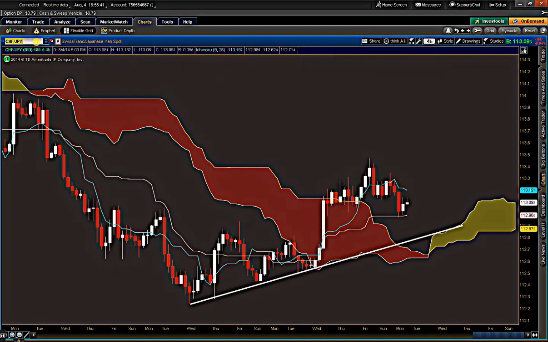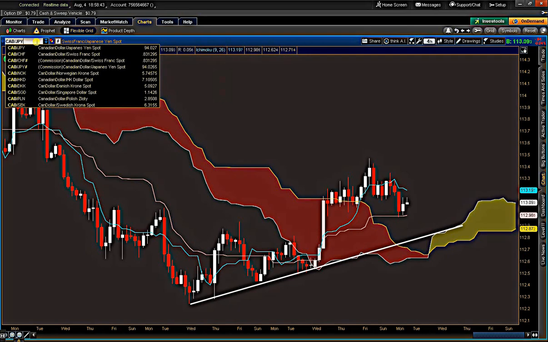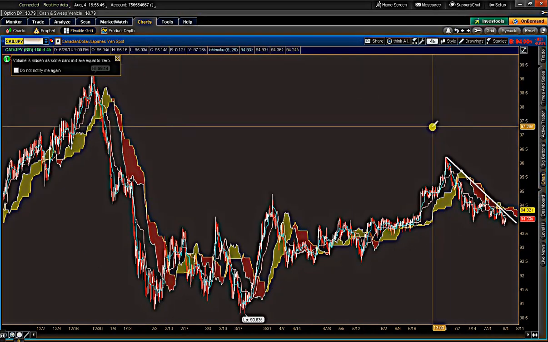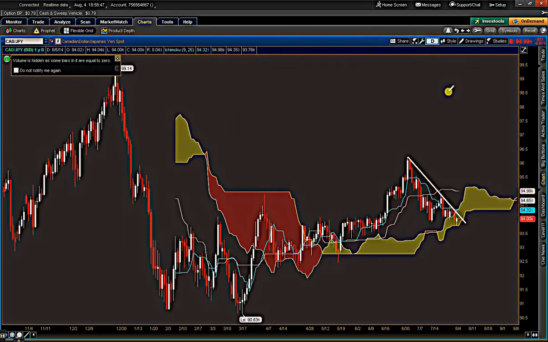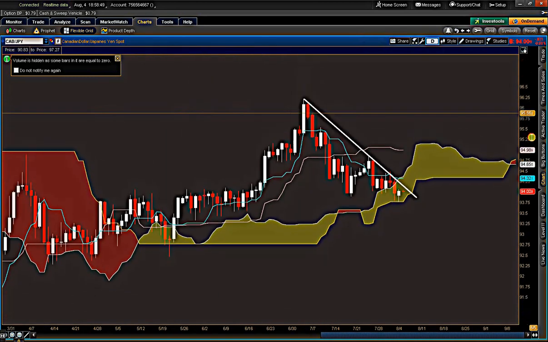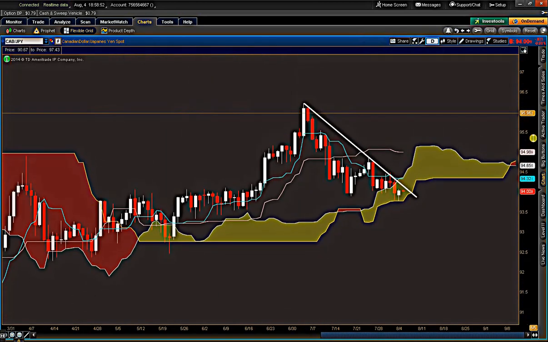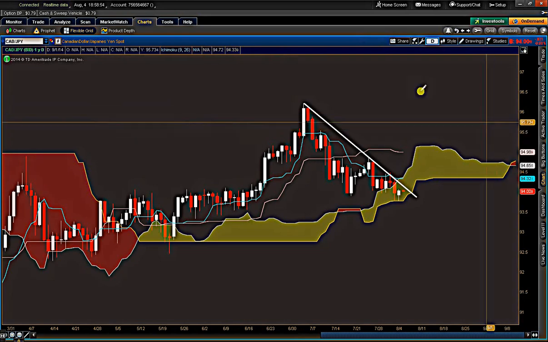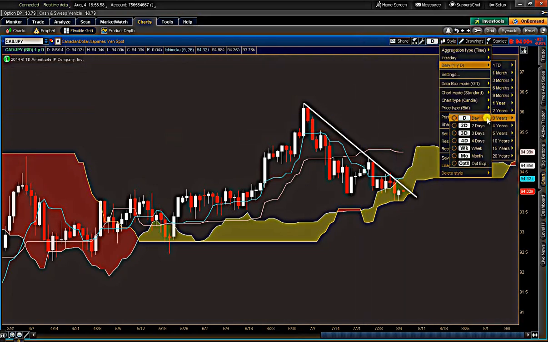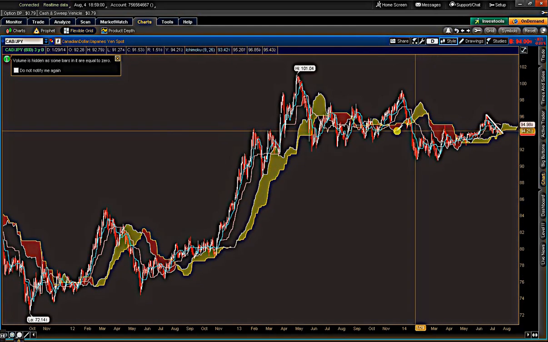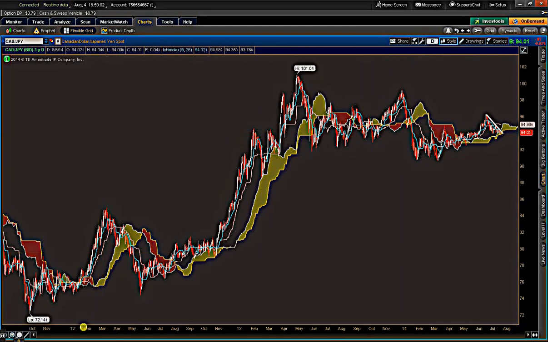CAD yen. Okay, Spencer, we're looking at CAD yen. Now you can play CAD yen two ways. I was looking at this pair earlier. Before I start, I just want to make sure I don't see another supporting trend line.